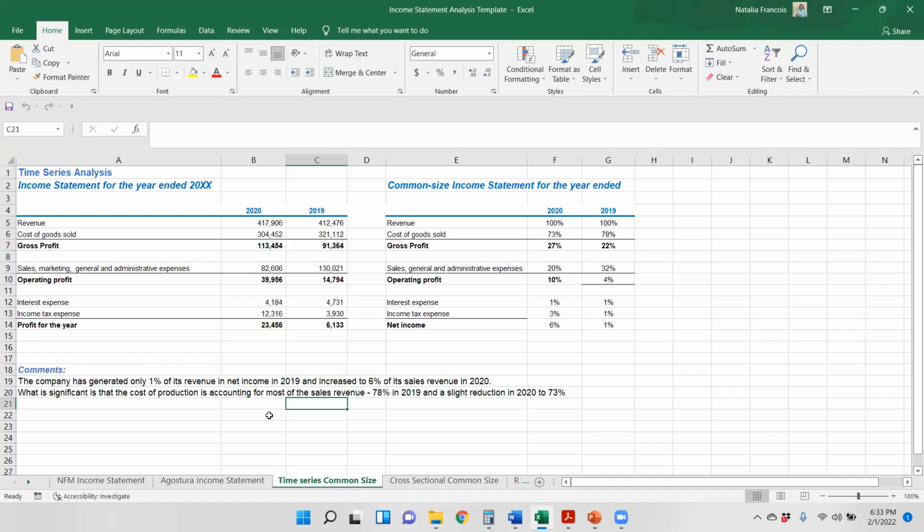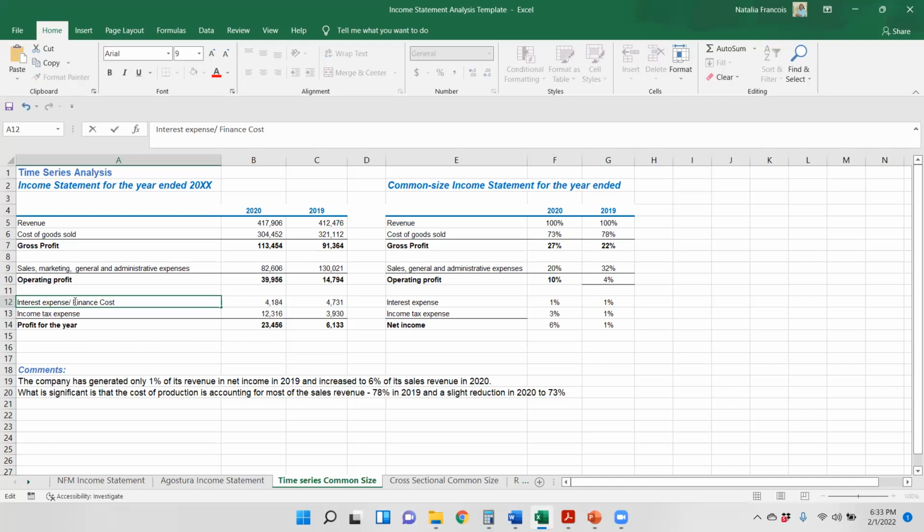You're going to total sales, marketing, and general and administrative expenses. If it's not listed in one item, might be separate, you're going to total it. Operating profits, interest expense, or I should put finance costs, and income tax expense, and then profit for the year.